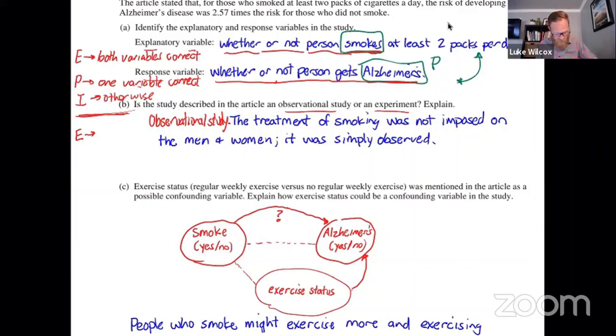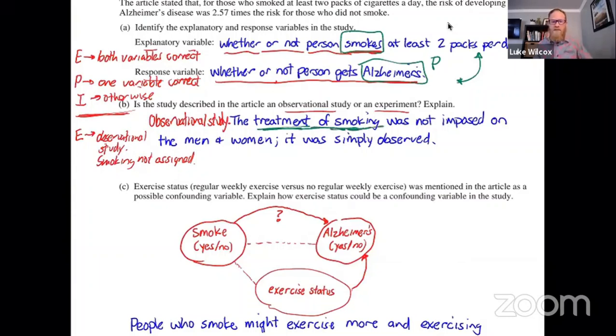So for full credit here, you have to say observational study. And then you would have to say that smoking was not assigned. Okay, one side note here. It was not enough to just say a treatment was not assigned. You have to identify what the treatment is. The treatment here is smoking.